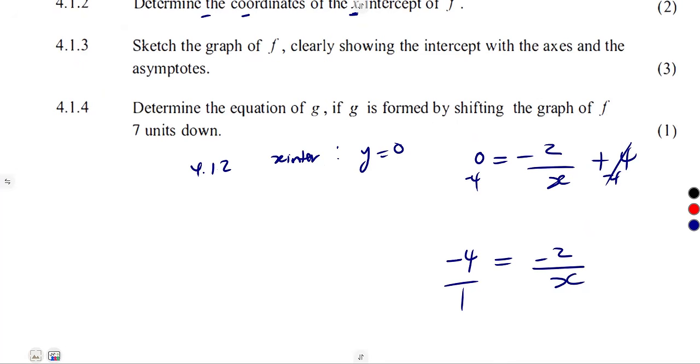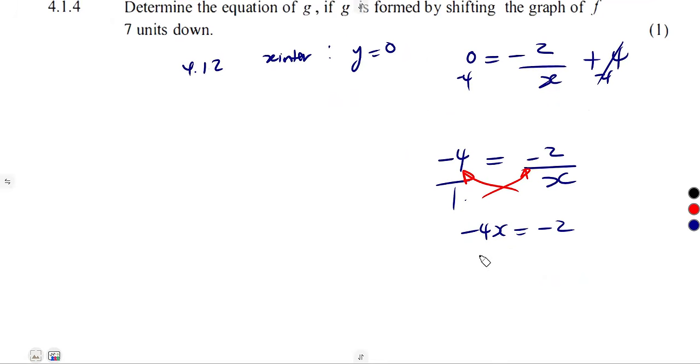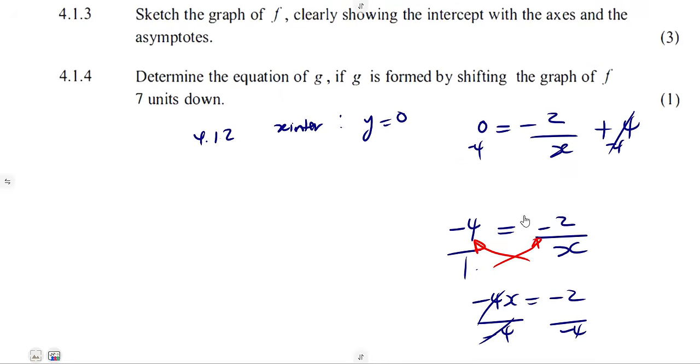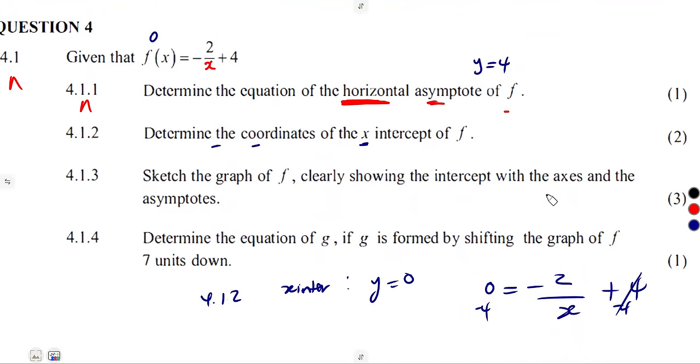So to find x, we can cross multiply. That will be -4x equal to 1 times -2, which is -2. Divide by -4. That was obtaining the value of x, which is 1 over 2. So our x-intercept is going to be 1 over 2, 0. Remember, y is equal to 0 for the x-intercept.